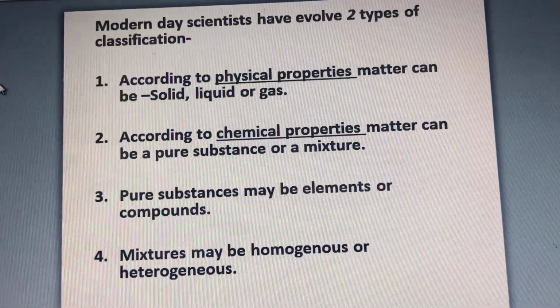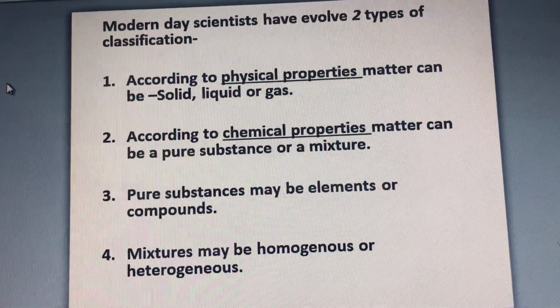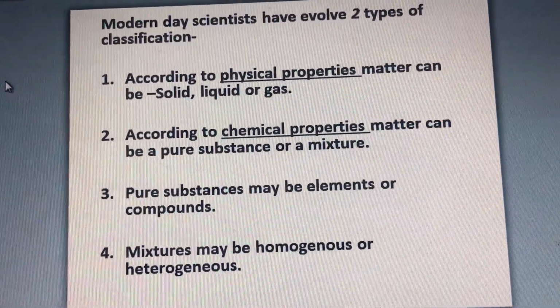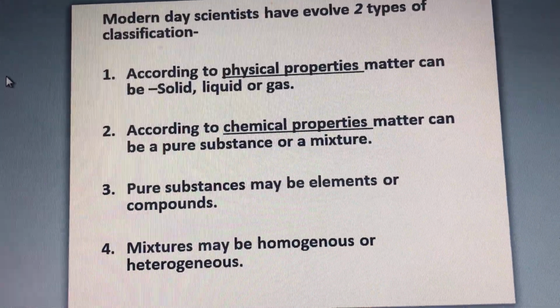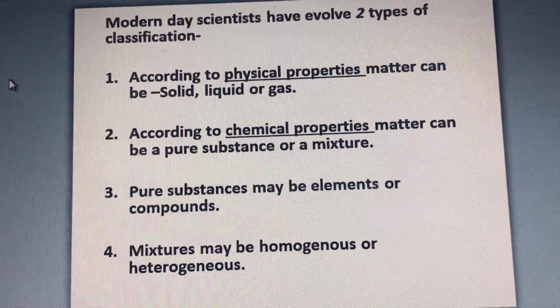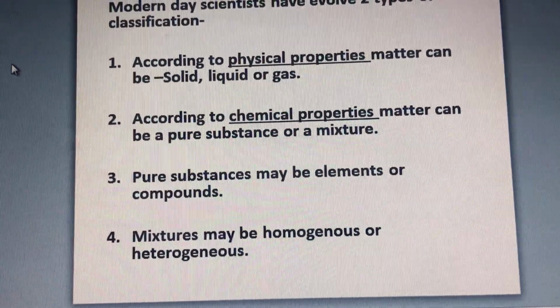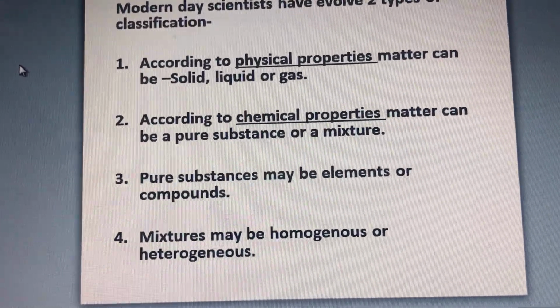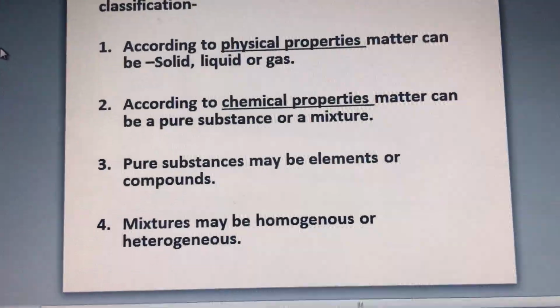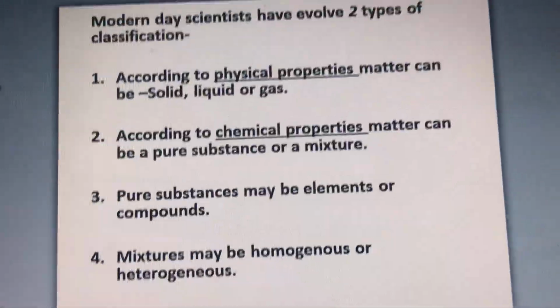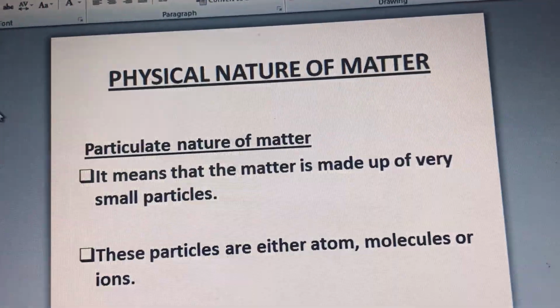According to physical properties, matter can be a solid, liquid, or a gas. According to chemical properties, matter can be pure substances or a mixture. A pure substance may be an element or a compound, whereas mixtures can be homogeneous or heterogeneous in nature.